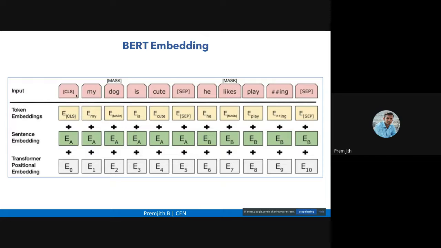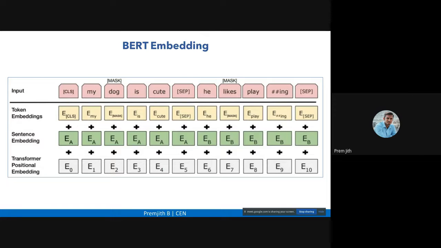Here "dog" is masked and "likes" is masked, so that the algorithm will try to predict dog and likes by considering the contextual information. And the hashes, why it is written like that: BERT is actually trained using limited data.